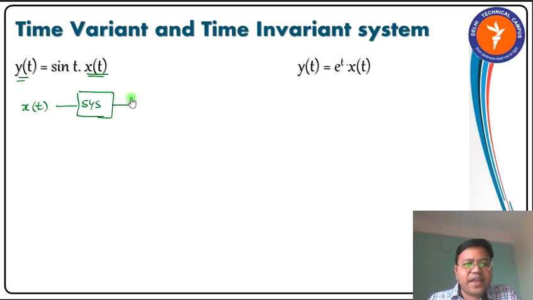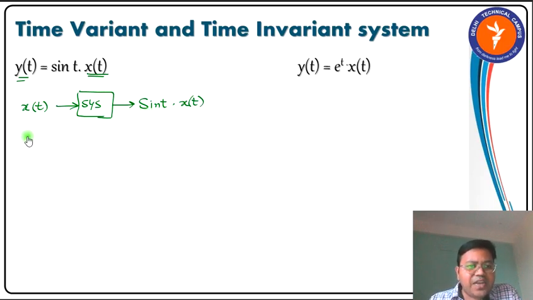Then in the output I will get sine t times x t. That means this system is taking a signal in the input, multiplying the signal with sine t, and feeding it to the output. So this is the output.